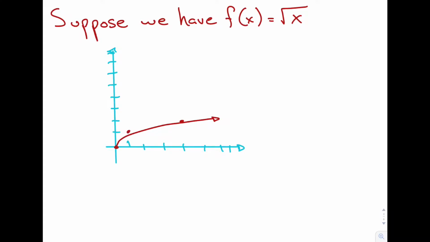Previously, we were shifting vertically up and down by adding and subtracting y values from the f of x, right? A graph is every coordinate pair x, f of x, and we connect those, and that creates the graph. So if we move something up or down, we need to change the y value without changing the x value. If we want to move it horizontally, left or right, that's a little bit different.